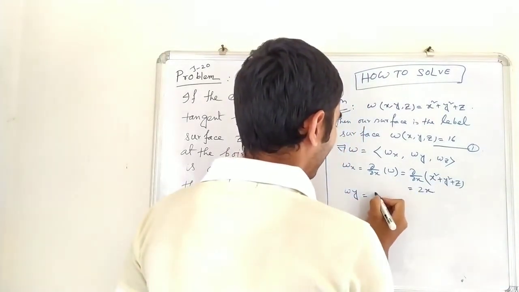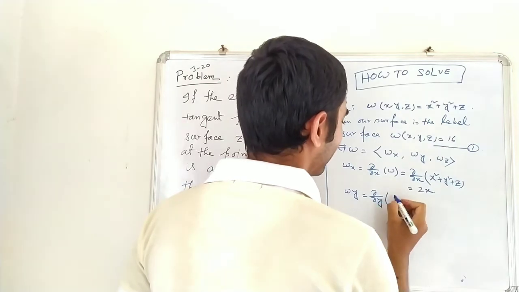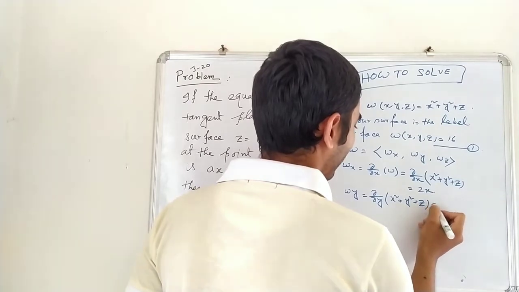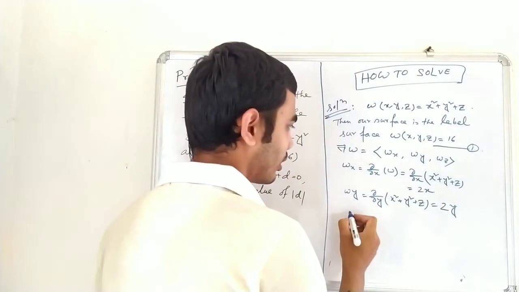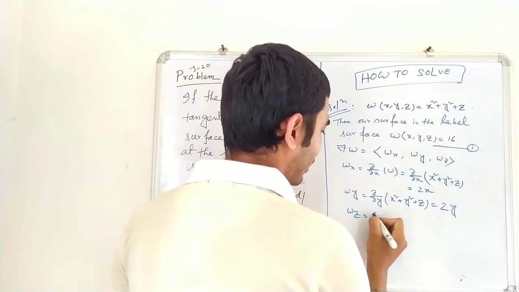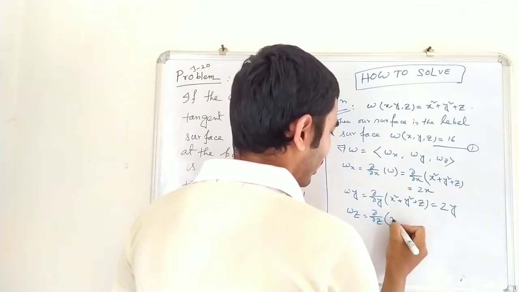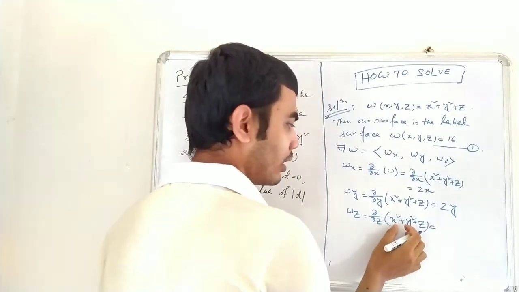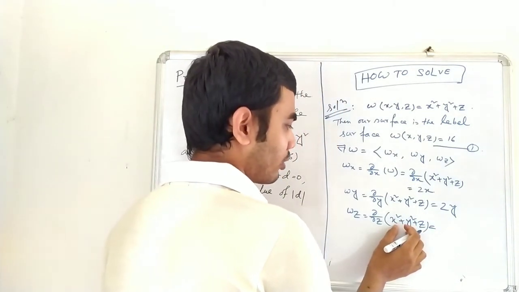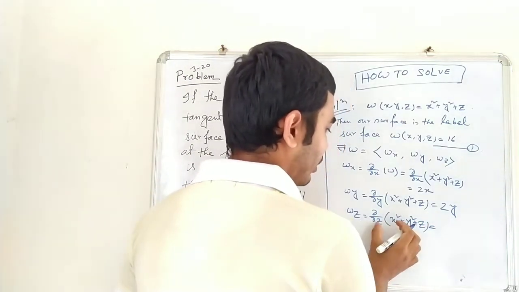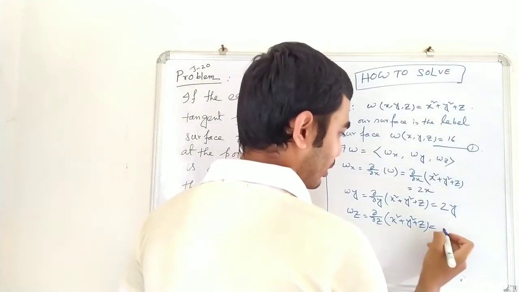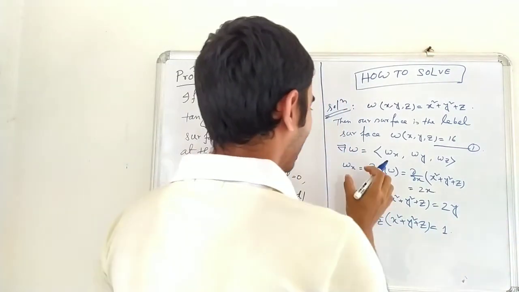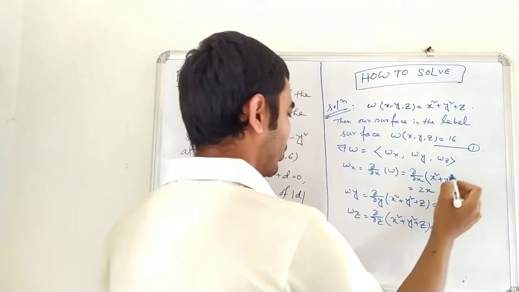Similarly wy is del y of x square plus y square plus z, which is 2y. And wz is del z of x square plus y square plus z. Here we treat x and y as constant, so we take the derivative along the z variable, and we find this value is equal to 1.